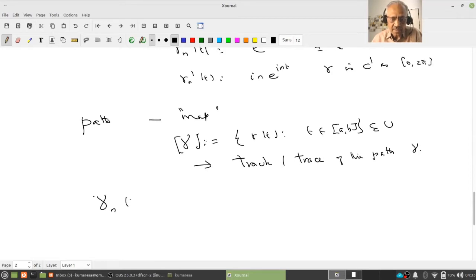Let us say gamma n. This is nothing other than, for each n, the third example. Gamma n is a circle, right? It is just z in C such that mod z equals 1.